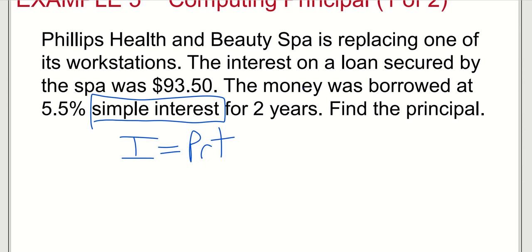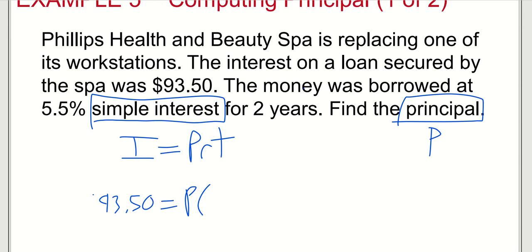What makes this one a little bit different is we don't know the principal. So if that's going to be our unknown, let's just let that be the variable P as it normally is. What do we know? We know the interest is $93.50. We have P. We know the rate is 5.5%, which would be 0.055. And we know that we're borrowing the money for 2 years.